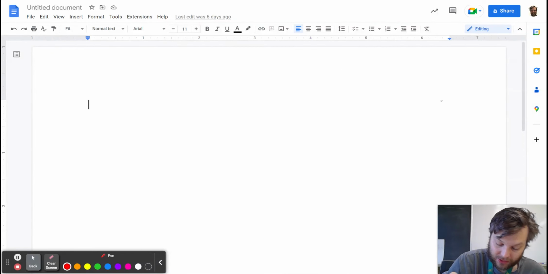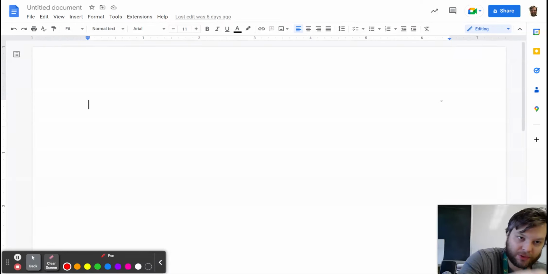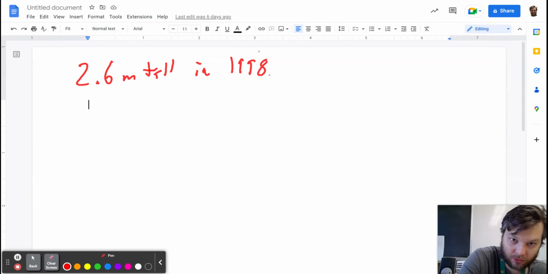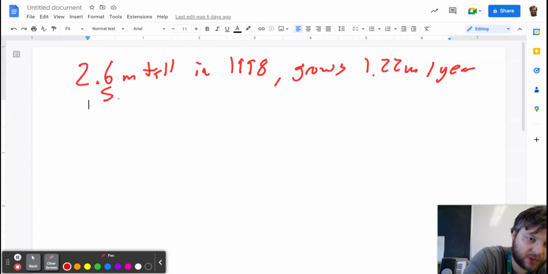Okay, the other word problem I was going to do is about a sequoia tree, beautiful tree. So it's 2.6 meters tall in 1998 when it was planted. Then it grows 1.22 meters per year. Well, guess what? I'm going to call this S1 because we're using S for sequoia.